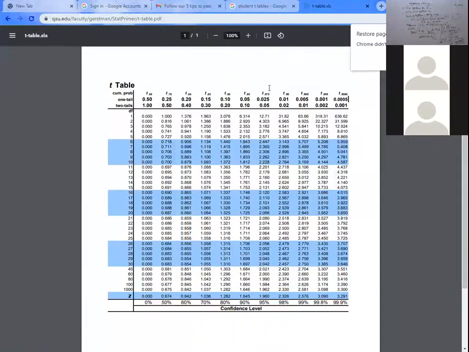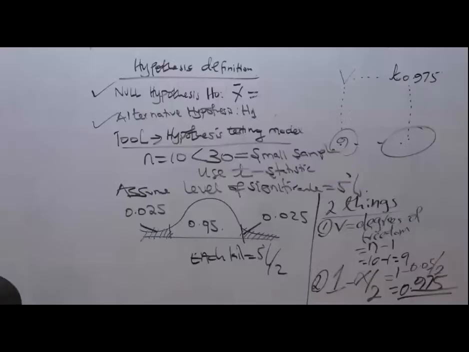When you work with t.975 and degrees of freedom up to 9, you see 2.262. Ladies and gentlemen, are we together as pertains this 2.262? I would really appreciate your feedback.